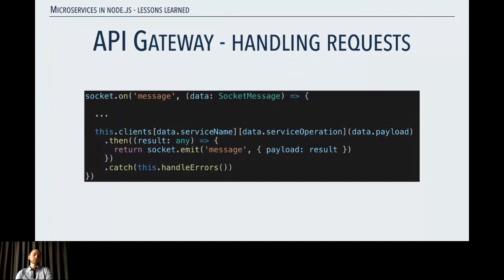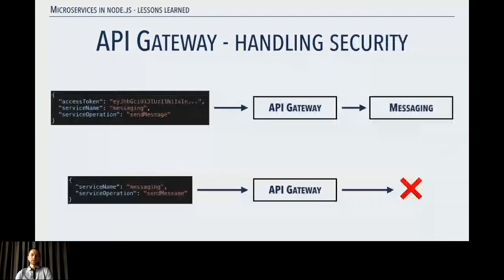It should be in other services, not here, because API gateway is simply not responsible for business processes. And to handle security, let's say we are sending access tokens to the gateway, then we can, for example, communicate with another service, in this example, a messaging service. But if we are not sending access tokens, then we can close the traffic in the API gateway, and we don't even need to communicate with the messaging service.